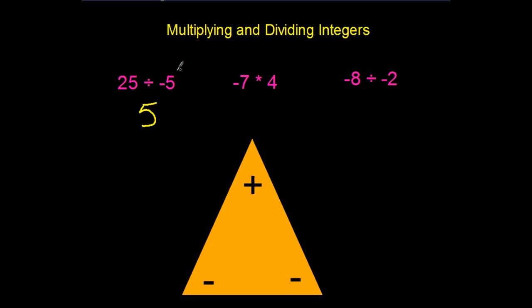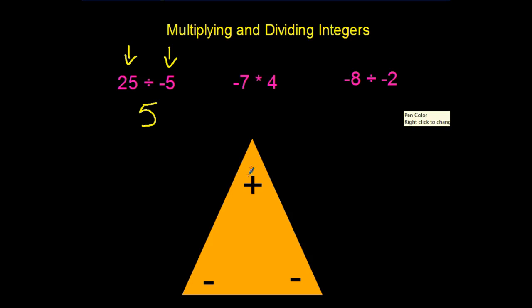The question is, when I have these negatives in here, is my answer positive or negative when multiplying and dividing? Well, the mystic triangle is how we know. Usually what I do is I have my students make this triangle on their paper with the little plus, minus, and minus. Since this problem has a positive here and a negative here, I have them cover up the positive and the negative with their hand, but I'll just do it by marking through it up here.